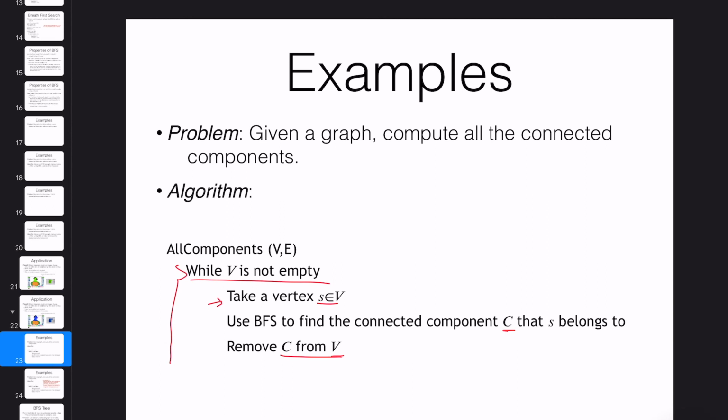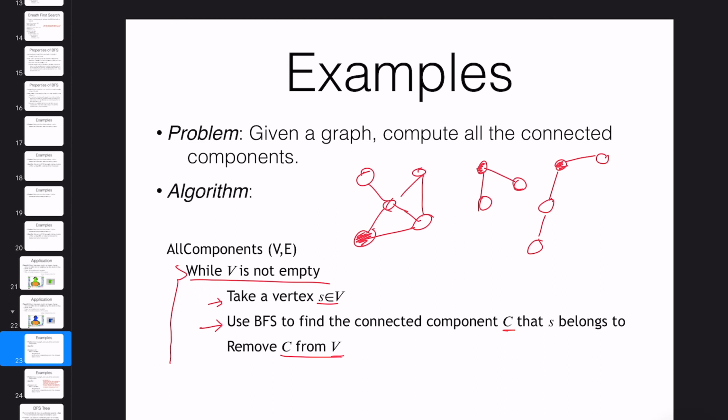Because you see that we are running a couple of BFS if you have more than one connected component. Like if you have a graph like this, you will run BFS once over, for example, this one, then you will run BFS over this one, then you will run BFS, for example, over one of the nodes here.